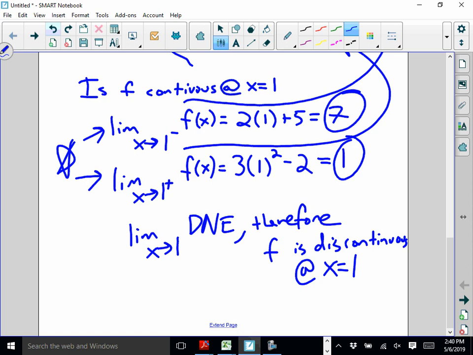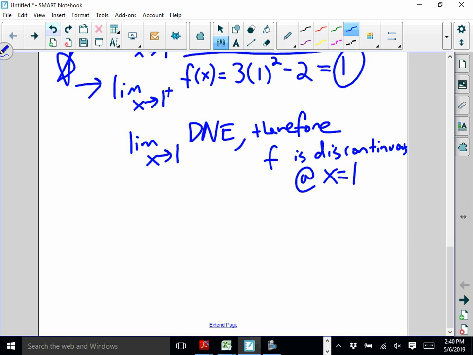When I approach 1 from the right side, I'm getting 1. I don't know exactly what my graph looks like, but I know I have something like this. This right here is called a jump discontinuity.